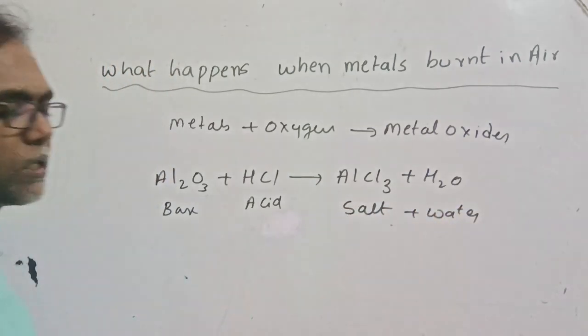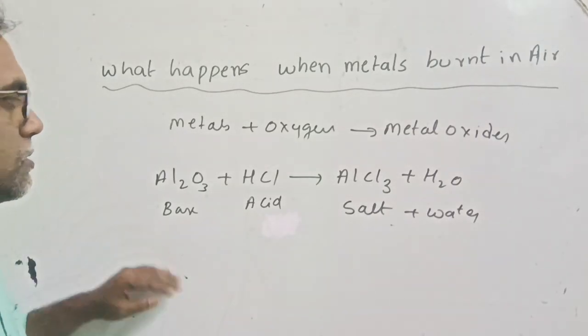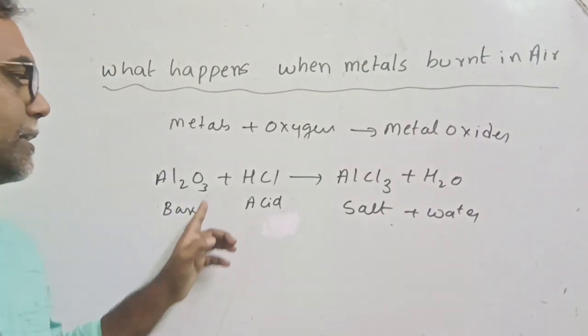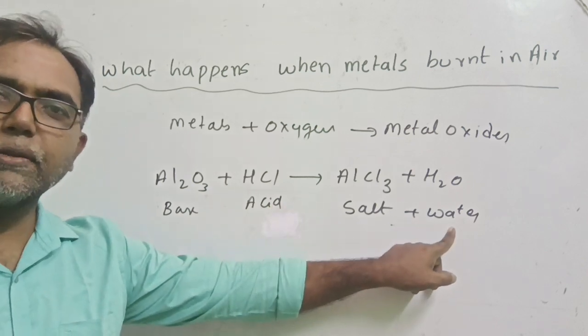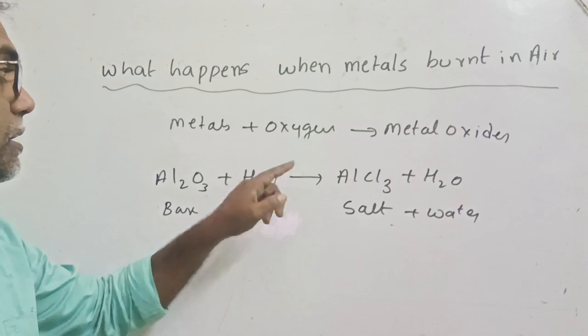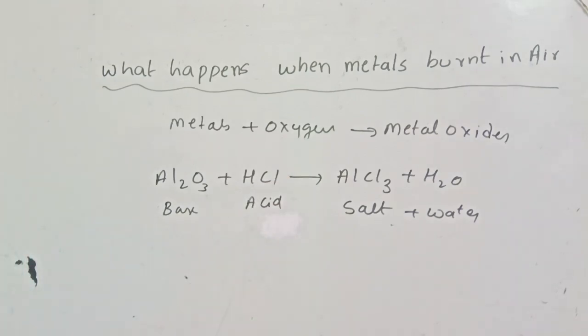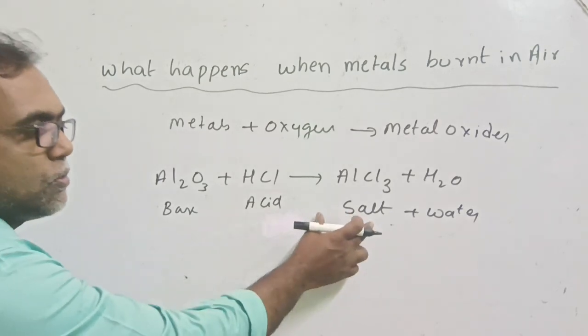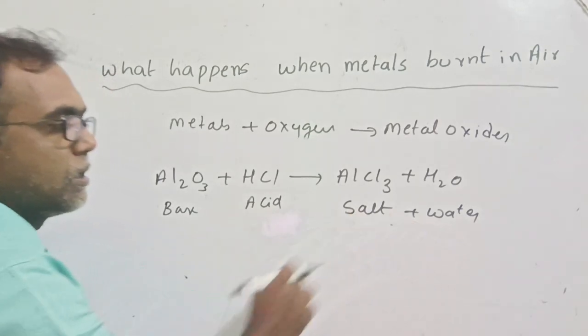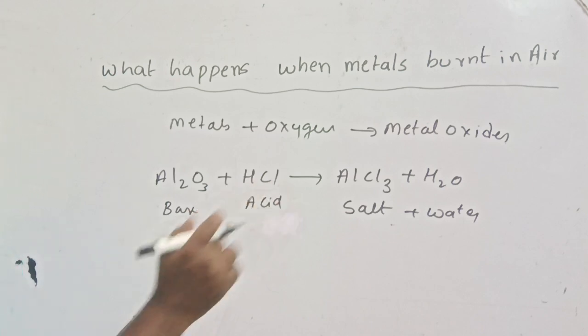It is a kind of neutralization reaction. So amphoteric oxide reacts with acid to form salt and water. Or you can say amphoteric oxides are oxides which react with acidic or basic medium and give salt and water.